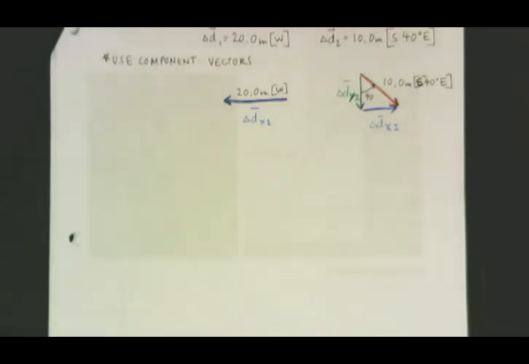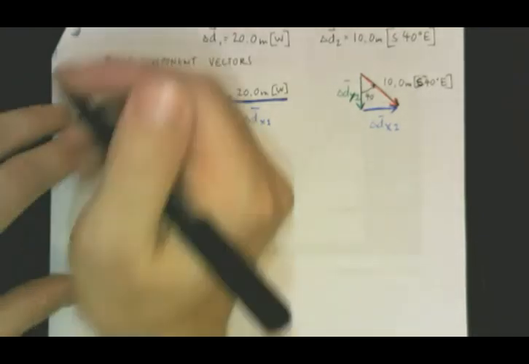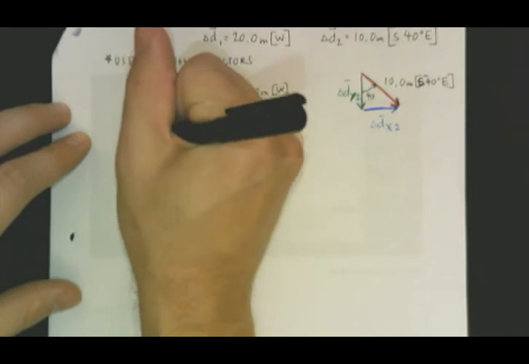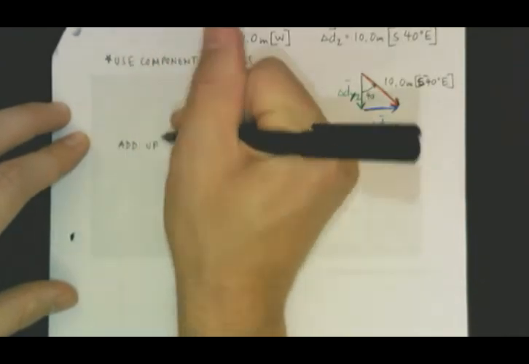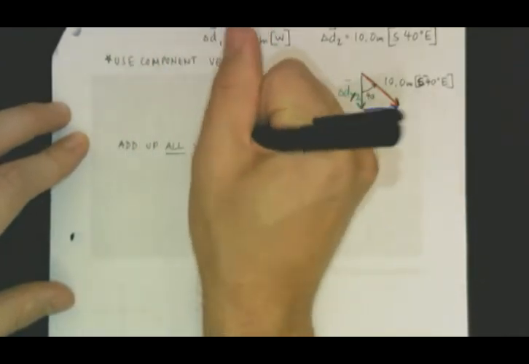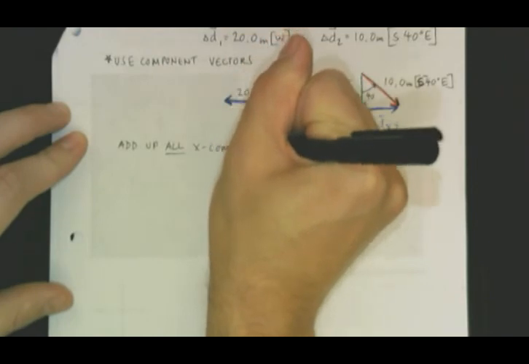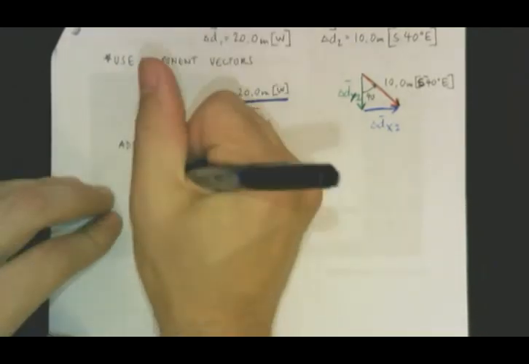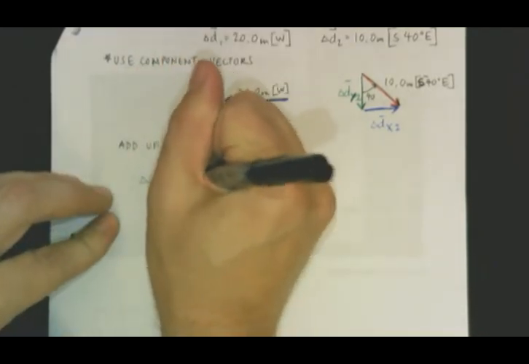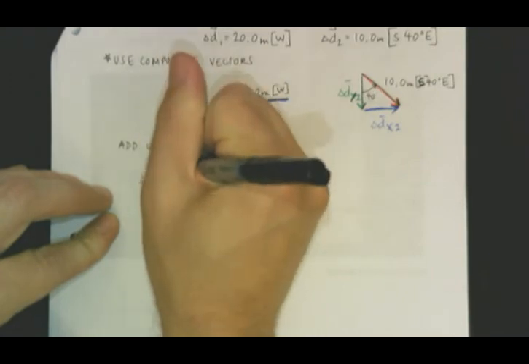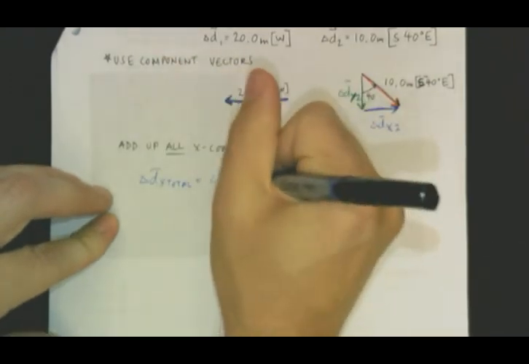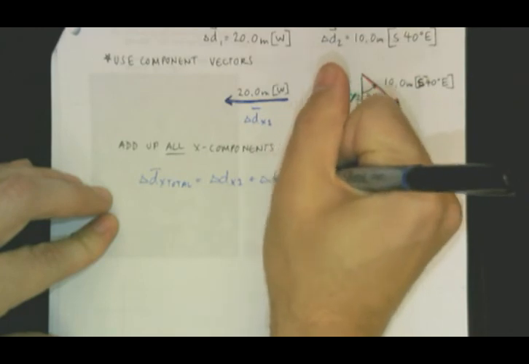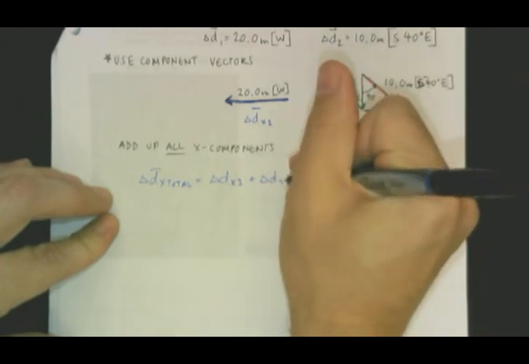If I add up all the x components, the total x is going to be equal to delta dx1 plus delta dx2.